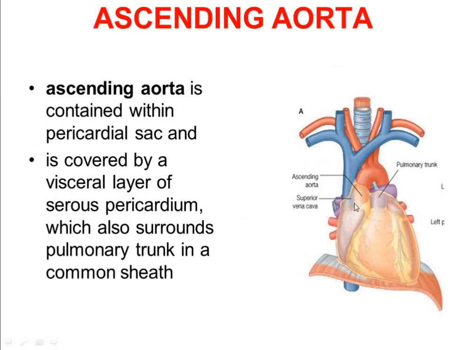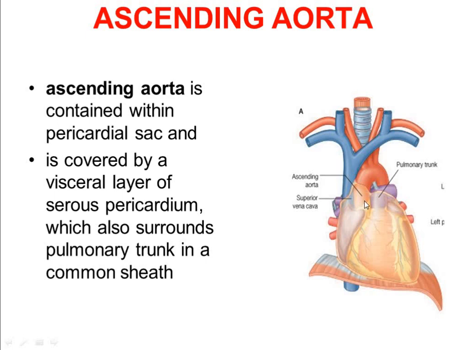You can see that the ascending aorta is contained within the pericardial sac and is covered by the visceral layer of serous pericardium. You remember, we had discussed that the pericardium has a fibrous layer and a serous layer. The serous layer had two parts, the parietal and the visceral.